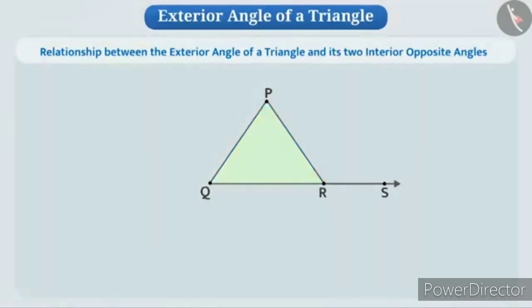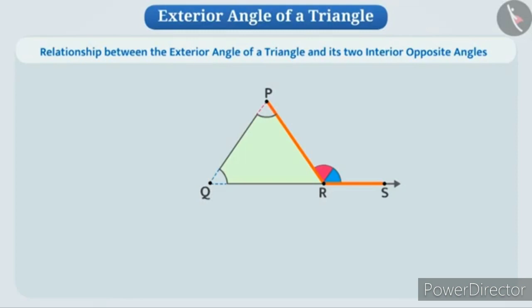Cut out or trace copies of angle RPQ and angle PQR and place them adjacent to each other at angle PRS. As you can see here, angle RPQ and angle PQR together entirely cover the angle PRS. What does this tell you? Give it a try. You got it right.